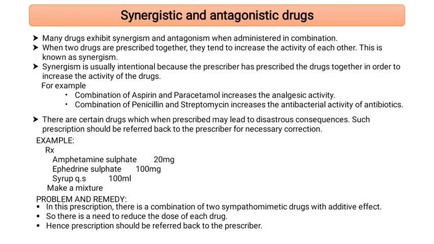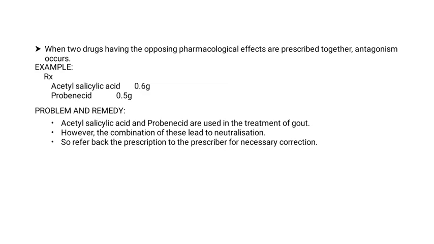Here the problem is that we are dispensing a combination of two sympathomimetic drugs. So there will be an additive effect. Additive effect means they will increase the activity of each other. So we want to reduce the dose of each drug. So this prescription should be referred back to the prescriber.